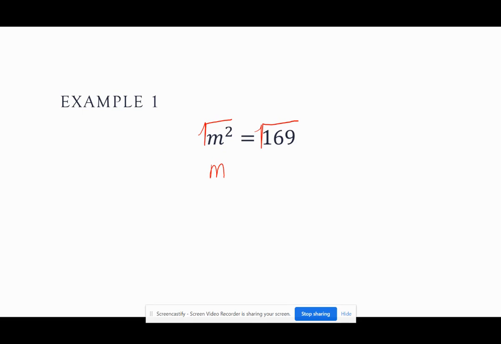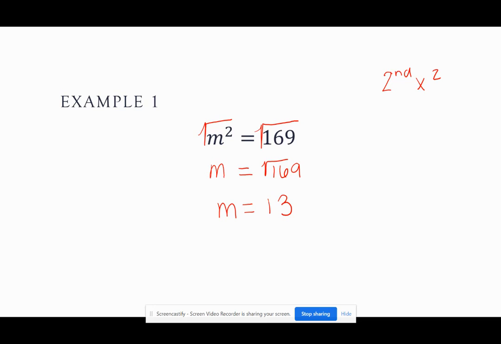So that 2 disappears, and then I just have the square root of 169. I'm going to put this into my calculator by doing second x squared and then typing in 169. I do get 13. So the square root of 169 is 13.